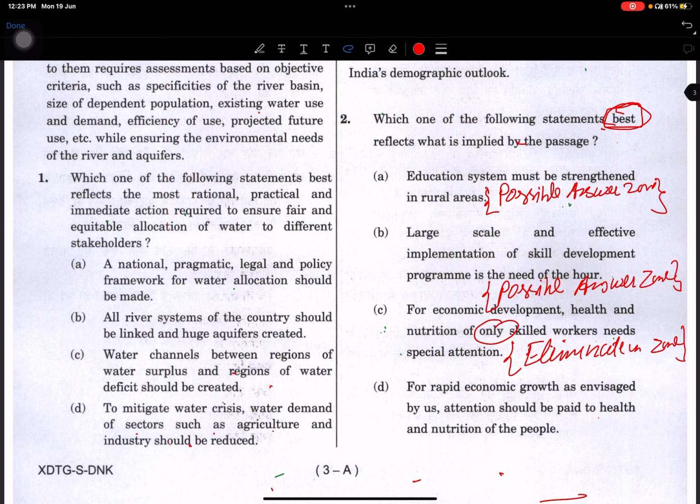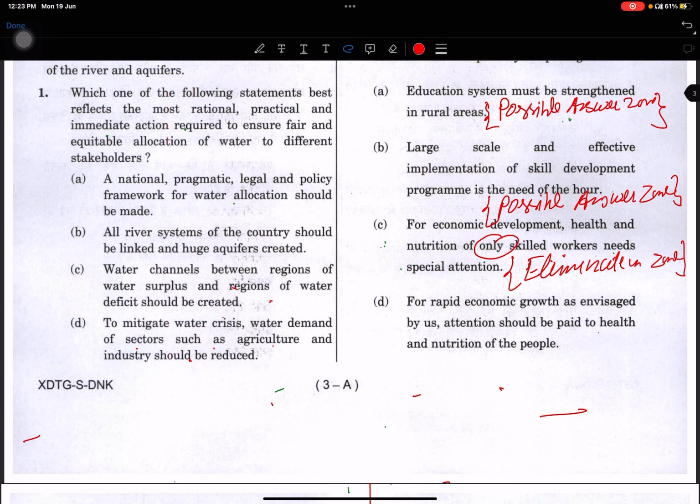Okay. Now coming to option D: for rapid economic growth as envisaged by us, attention should be paid to health and nutrition of the people. Simple. जो मैं अभी एनालॉजी दे रहा था कि राम जो अनस्किल्ड थे उनका पहले ही खाना आप कम कर दिए और फिर बाद में बोलोगे स्किल दिया जाएगा, तो पॉसिबल नहीं है. सेम सिमिलर थिंग इज सेड इन द ऑप्शन डी.